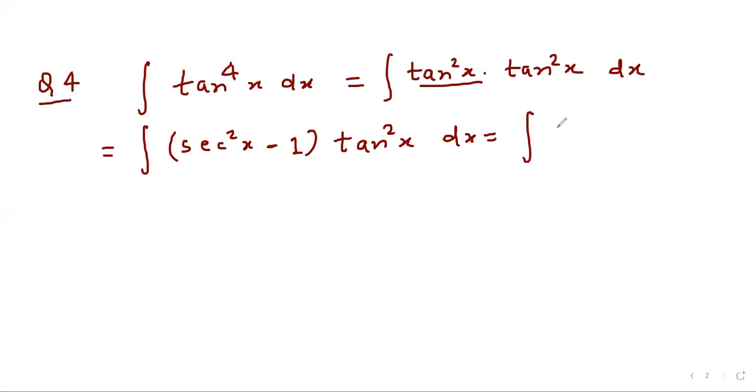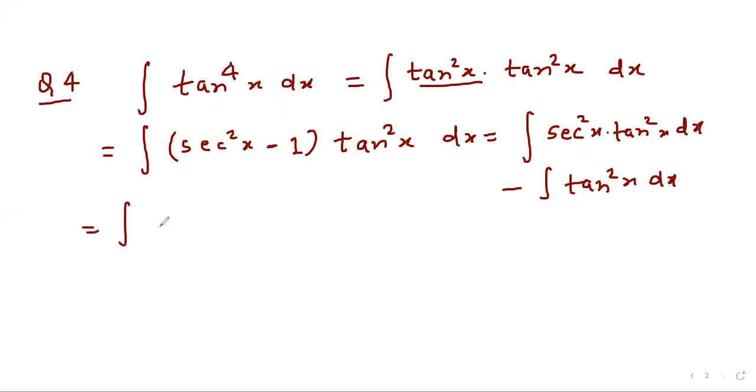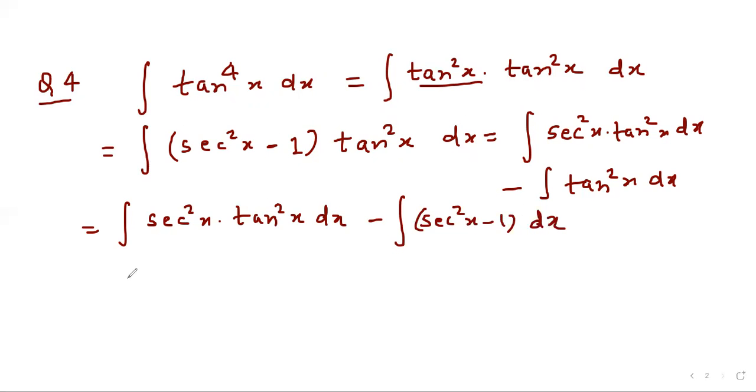So it will become sec square x times tan square x dx minus integration tan square x dx. Further, we write it sec square x times tan square x dx minus, this can be written as sec square x minus 1 dx. Now we integrate.